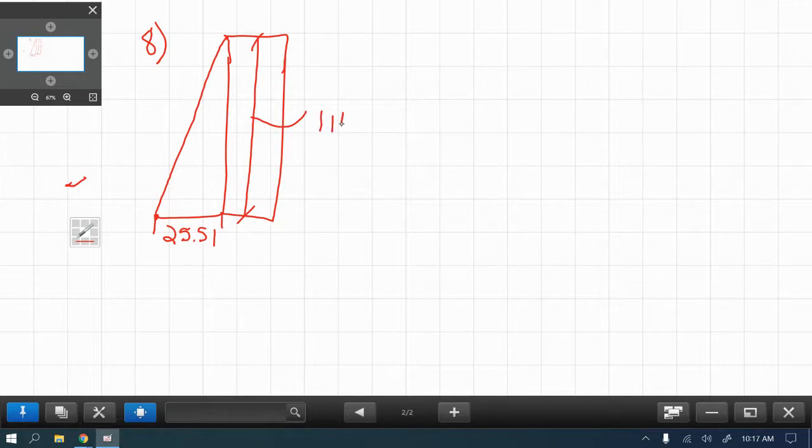The building is 110.49. This is 25.51. We're looking actually for the hypotenuse. But I did give you an angle. You could have solved it by trig, but I wanted you to see the Pythagorean theorem right off, which is your a squared plus b squared equals c squared.